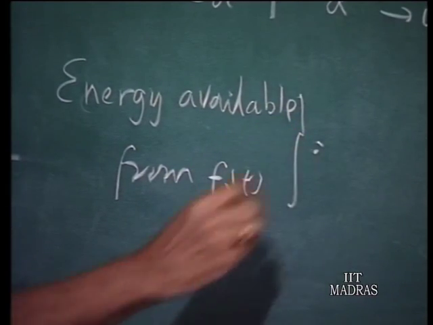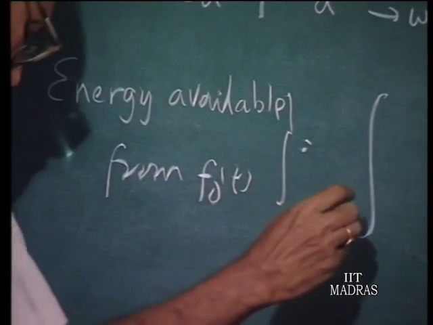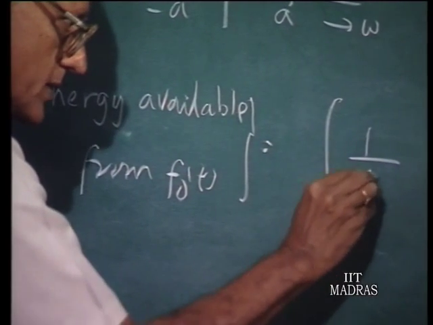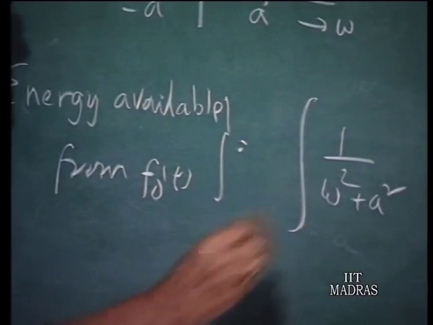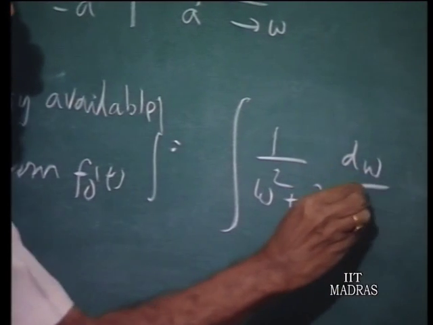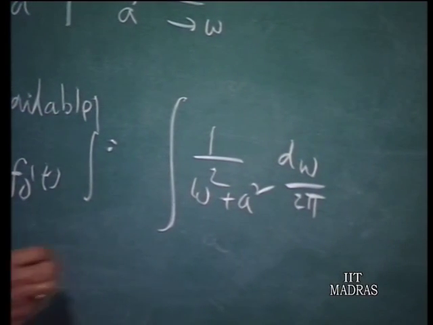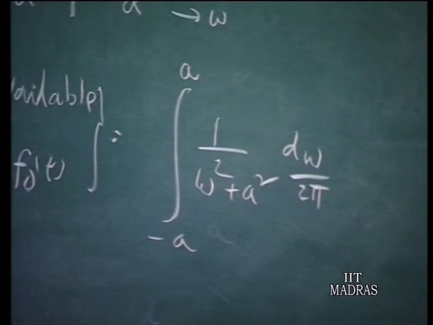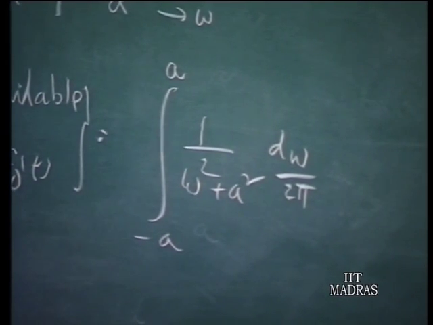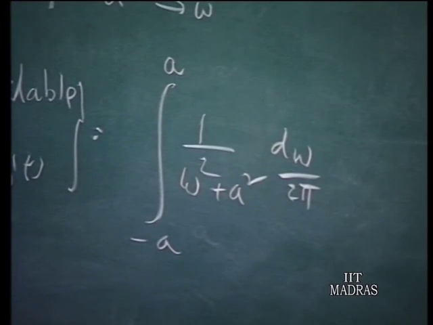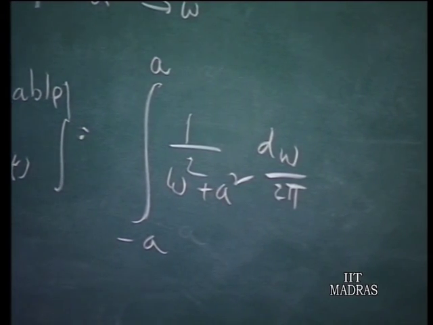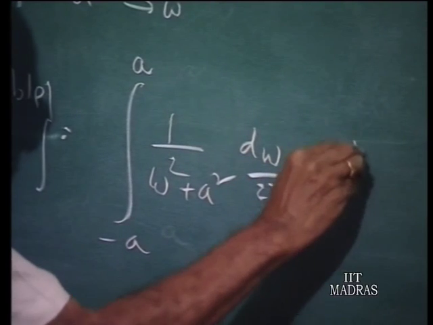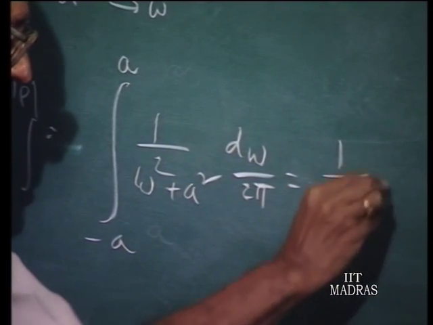equals the integral of 1 over omega squared plus A squared, that is the energy density, times d omega over 2 pi. The integral now is from minus A to plus A instead of from minus infinity to plus infinity, and then by making use of the standard substitution omega equals A tan theta, this can be shown to be 1 over 4 A joules.